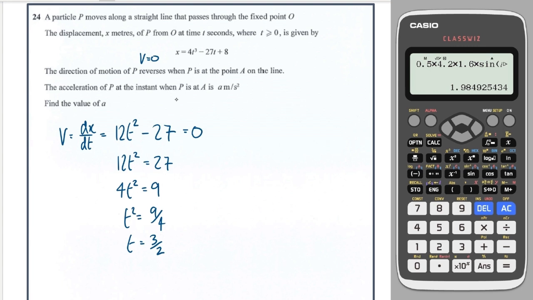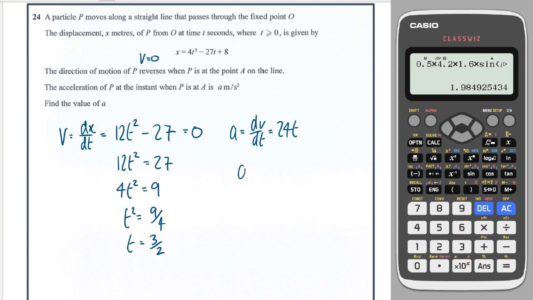And then it's asked me to find the acceleration. So the acceleration is the derivative of the velocity. So I differentiate this 12t squared minus 27, and that's going to give me 24t, and 27 differentiates to 0.